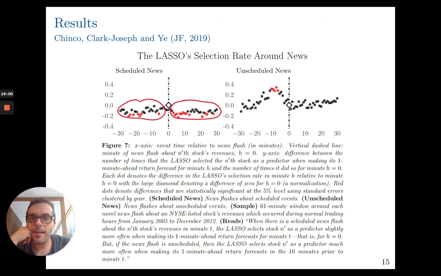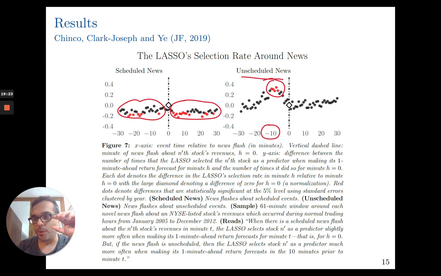Okay? Let's look at unscheduled news. Like 10 minutes before the news, the Lasso makes a lot of changes in terms of which regressors it selects. And these are significant. And that's where the gains are coming from.